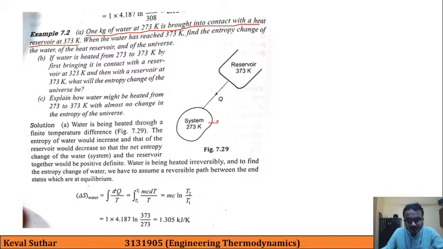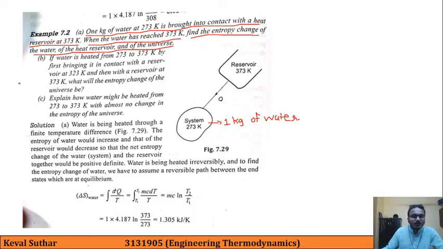So our system is this: 1 kg of water, which is at 273 Kelvin, and it is brought into contact with a reservoir which is at 373 Kelvin. So when the water has reached 373 Kelvin, find the entropy change of the water, of the reservoir, and of the universe.